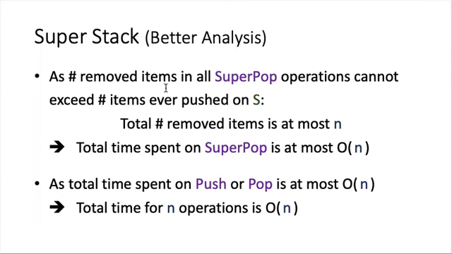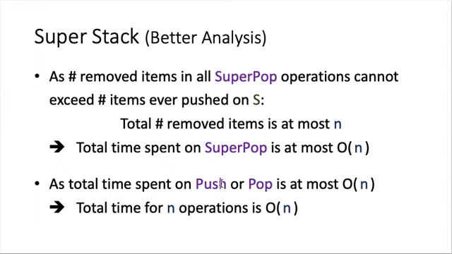So the number of removed items in total cannot exceed the number of items that is pushed. But since there are only n operations, the total number of removed items must be at most n. So the total time that we spend on super pop is bounded by order of n.